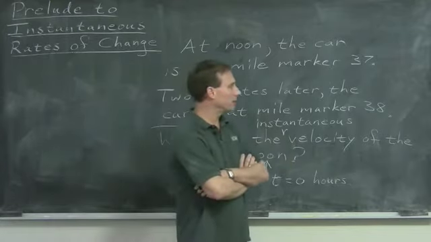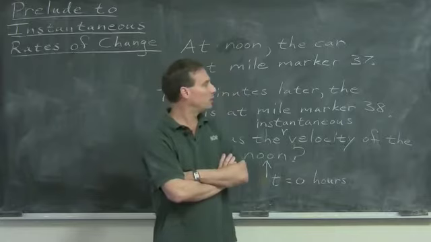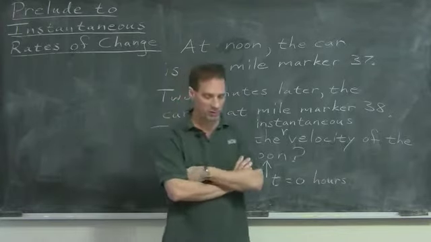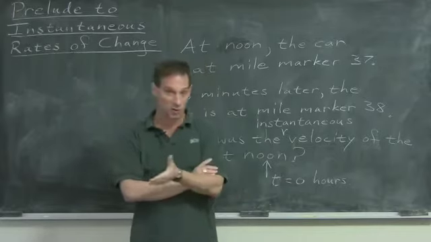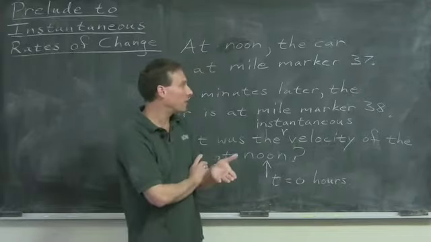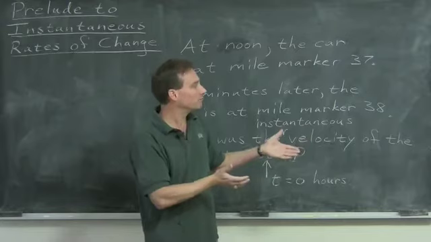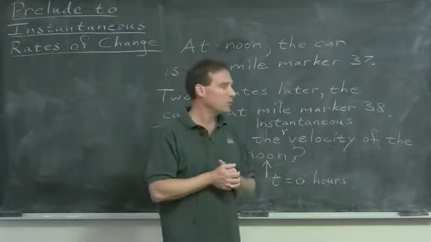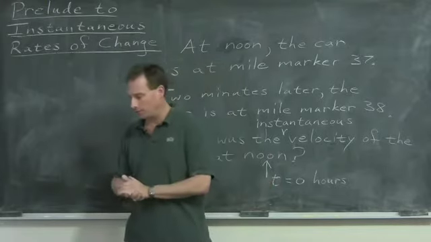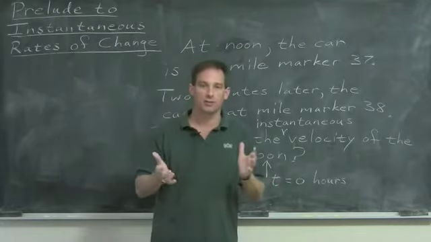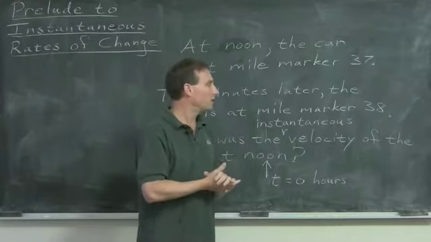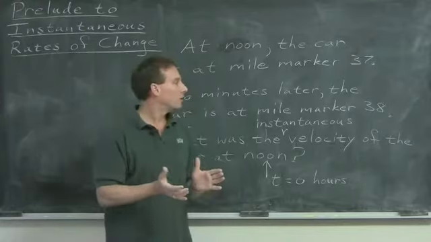And secondly, physically, we don't want to describe instantaneous velocities this way because it requires us to know something about the physical properties of what we're talking about. We have to know that the velocity of a car really can't change much in a tenth of a second. But what if we want to talk about the velocity of particles or photons or, I don't know what, comets or other things that move very fast?